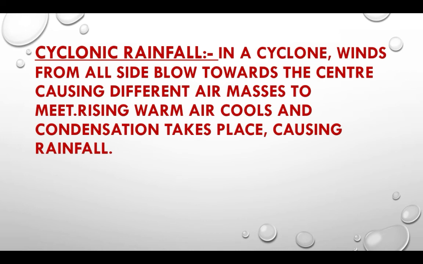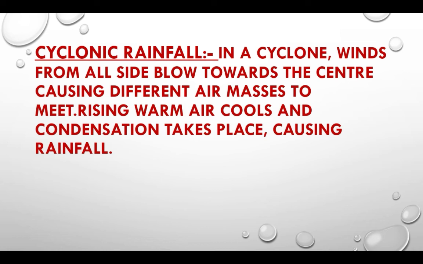Next type of rainfall is cyclonic rainfall. In a cyclone, winds from all sides blow towards the center, causing different air masses to meet. Means the cool and the warm air meets. Center is the warm air and sides is the cool air.